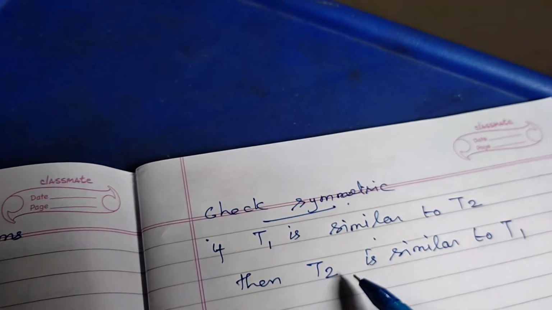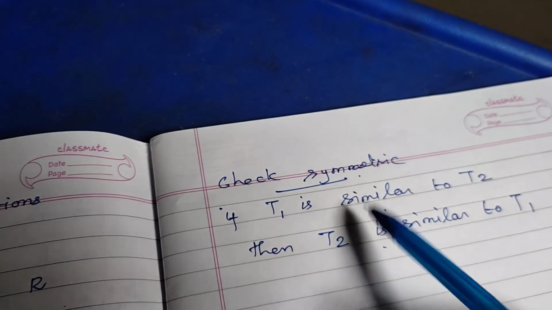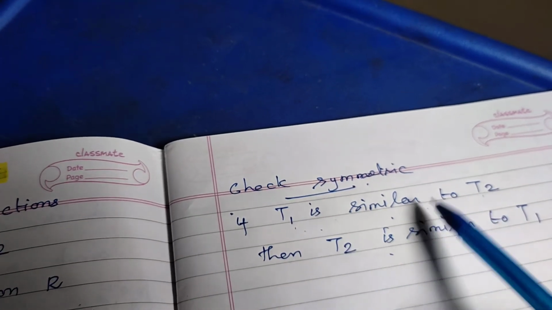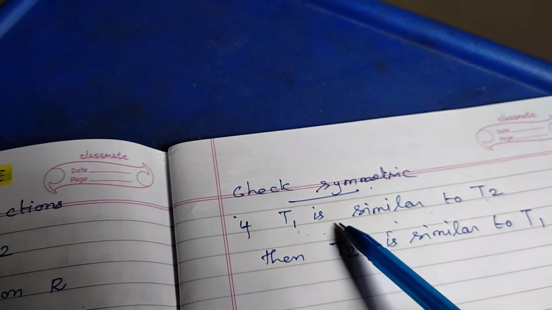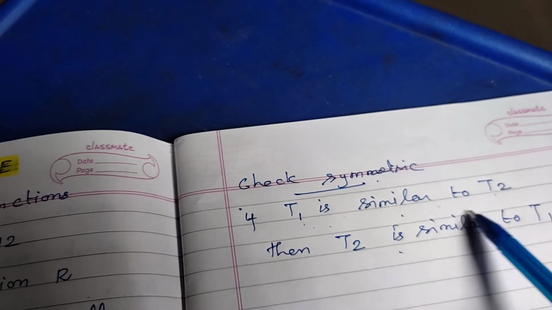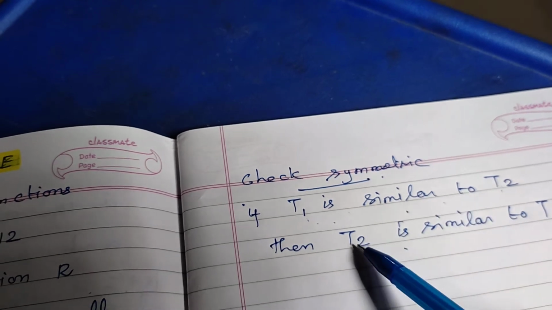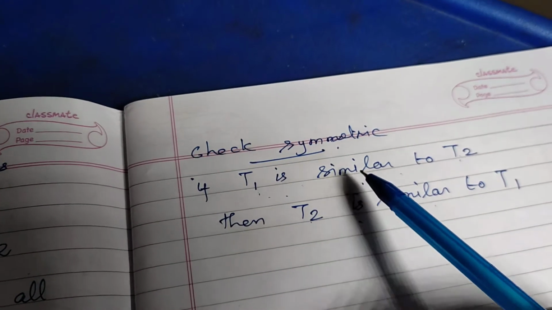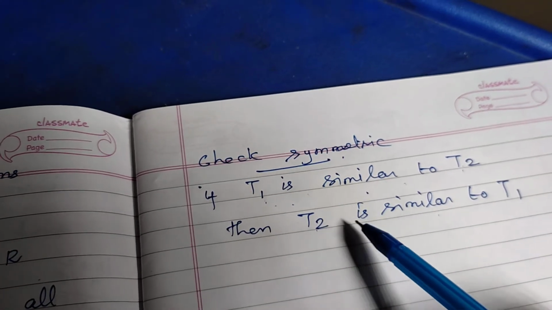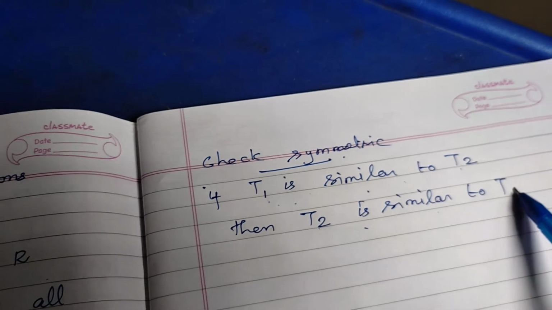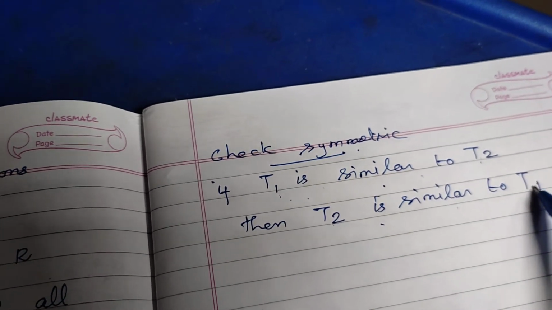Automatically, if we change the place of T1 and T2, T2 is similar to T1. This is the concept here.